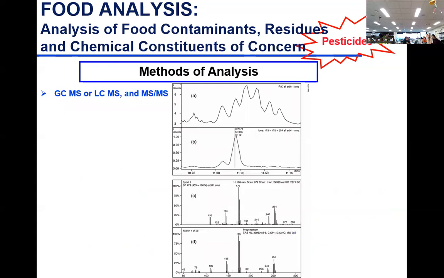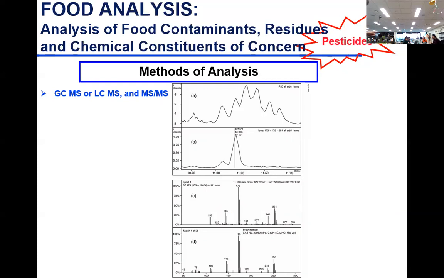Oftentimes, we do MS. Why? It cleans up your spectrum. With one MS, you get a lot of ions, a lot of fragments, especially if you're doing GC with electron impact, for example. You get a lot of ion fragments. And if you want to do identification, you want to clean it as much as possible.